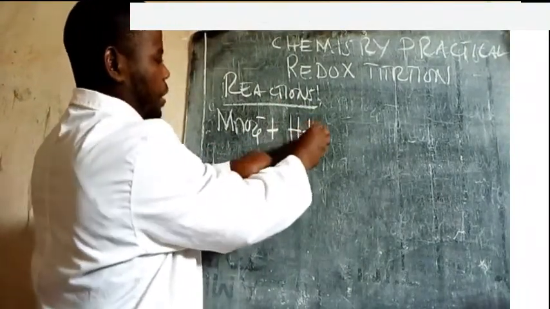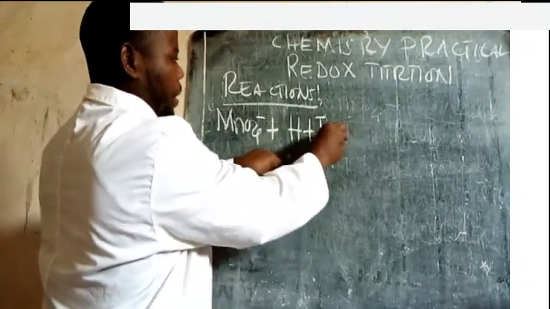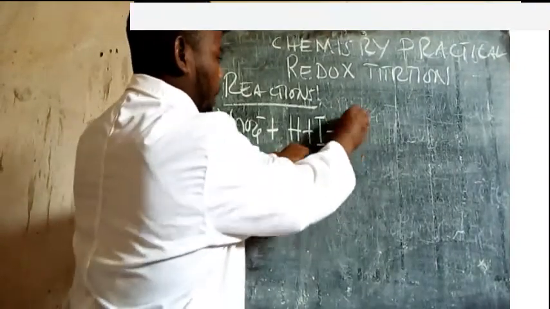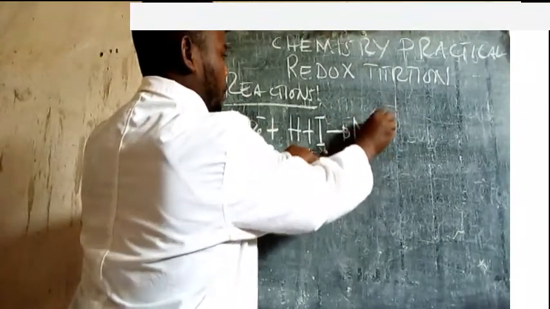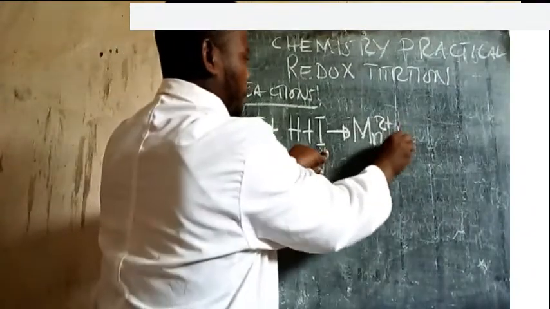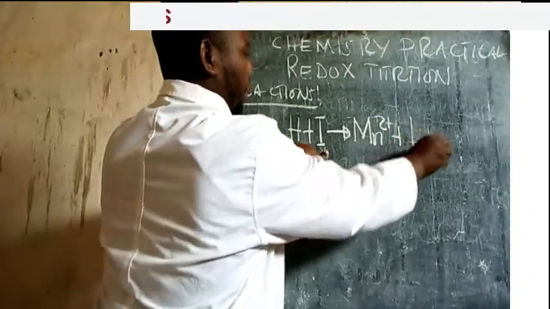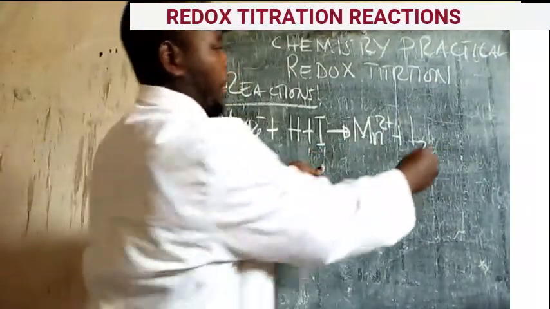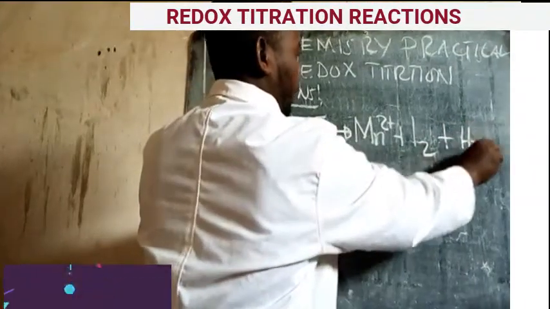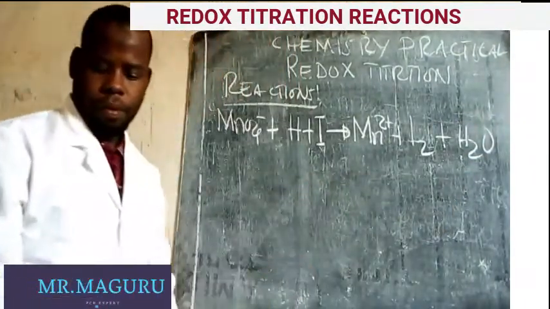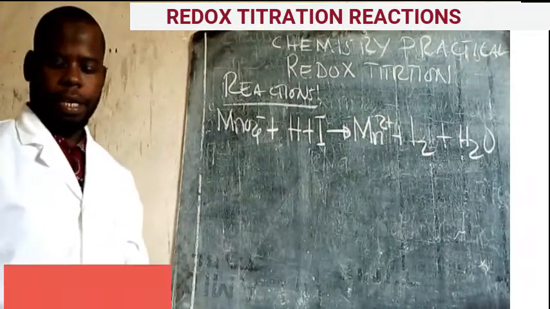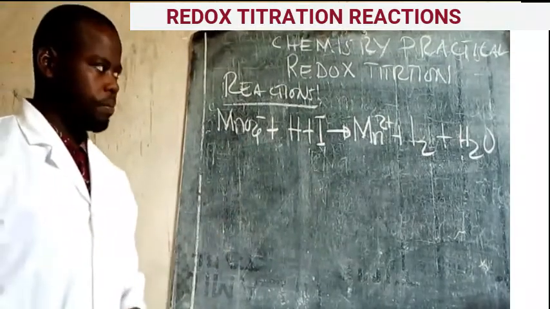Also there is iodine. The products are manganese oxide plus liberated iodine plus water. That is the reaction between this and this.